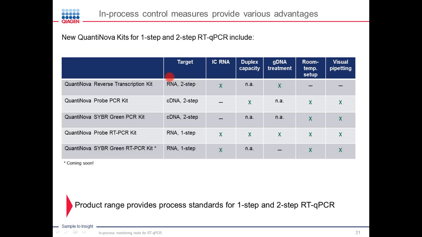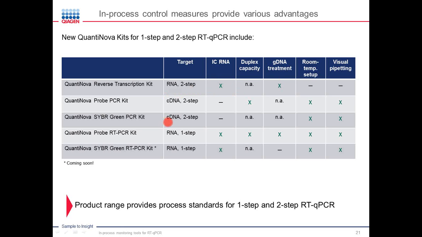Let's say if you're doing what I would call traditional two-step RT-PCR, the reverse transcription kit would be utilized on our RNA to create cDNA, and this does include an internal control that can be transcribed also into cDNA, and it also includes a genomic DNA treatment to remove any type of gDNA which can potentially interfere later on with our qPCR.